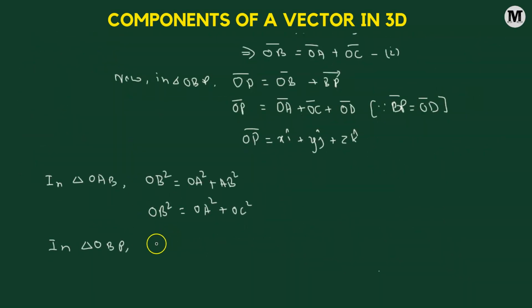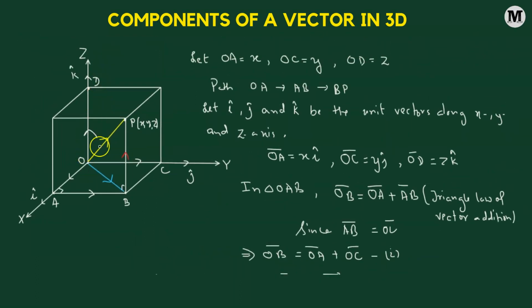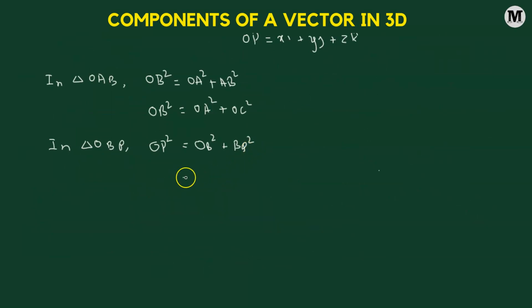So we have OP squared equals OB squared plus BP squared. But we know that the length of BP is the same as the length of OD. So we have OD squared in place of BP squared, so we get OB squared plus OD squared.